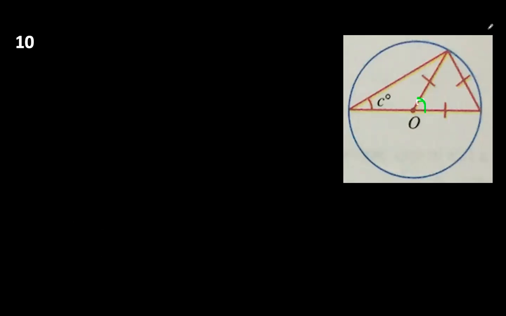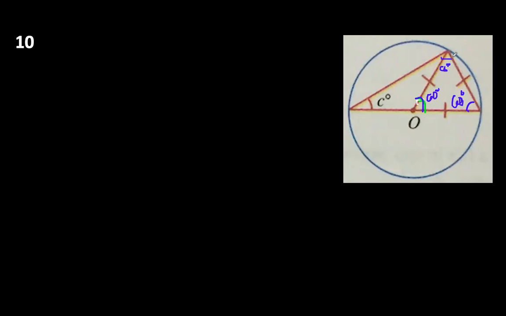A central angle because its vertex is at the center of the circle. Now, since this is an equilateral triangle, this is 60, this is 60, and this is also 60 degrees based on the property of an equilateral triangle.